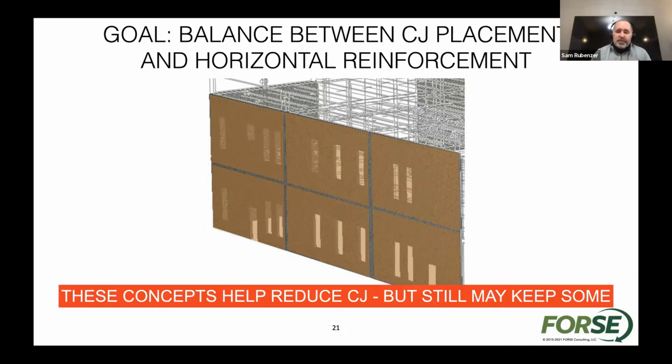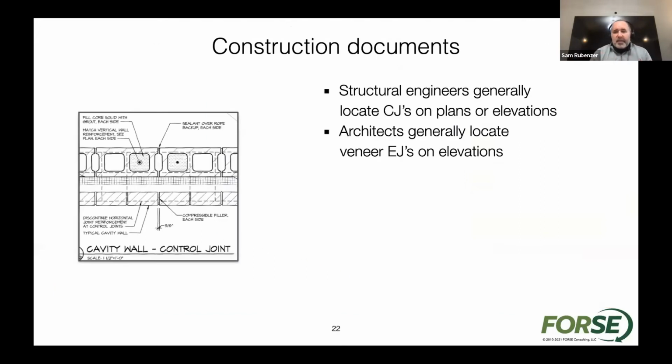So some of the concepts that we're going to talk about today may have you keep some of the joints in, but we try to eliminate them to try to gain some structural capacity. So hopefully this is helping you guys. I know this is a lot right away, but I'm just trying to set the stage for what I'm talking about when I talk about moving some of these joints around.